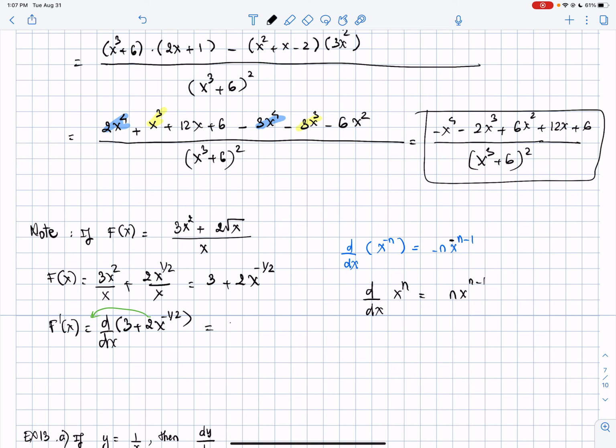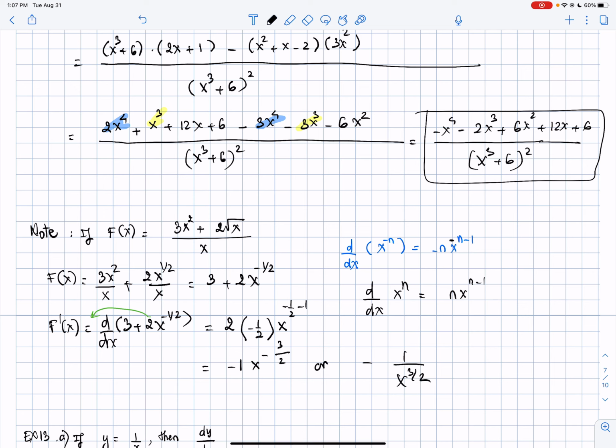Okay, so we have 2, which is already moved to the front. Now move down the exponent negative 1/2, and the exponent of x decreases by 1. So we can simplify the number, and we get x to the negative 3/2, or negative 1 over x to the 3/2.